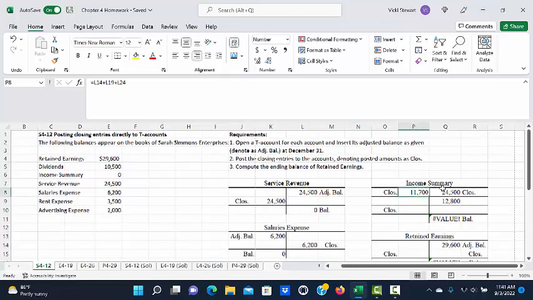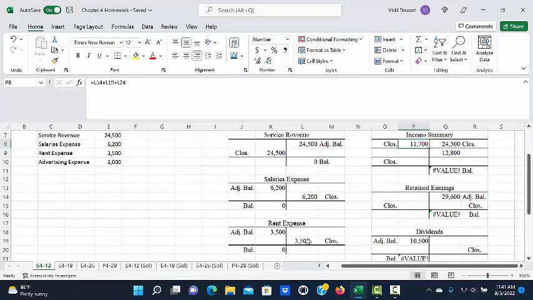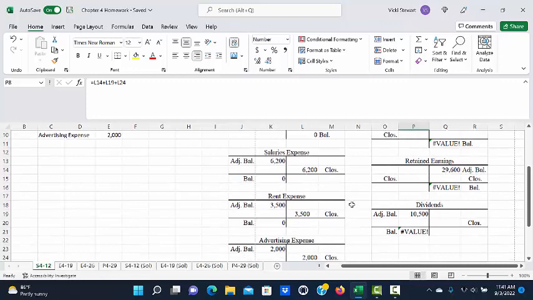Also, as I was crediting each one of the expense accounts, I had Excel adding those amounts together, and then income summary is debited for the total. So where did this $11,700 come from? It's the sum of $6,200, $3,500, and $2,000.